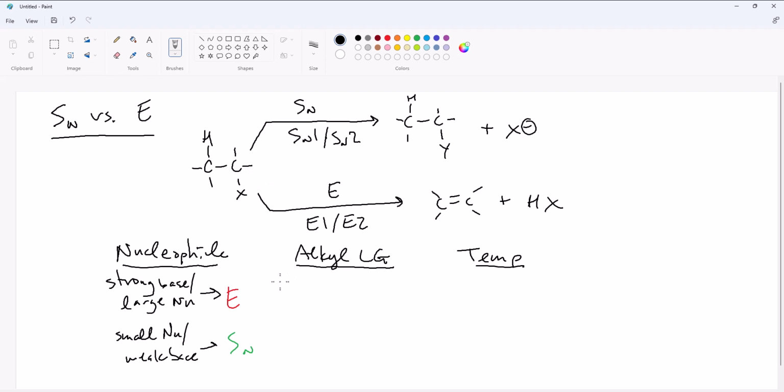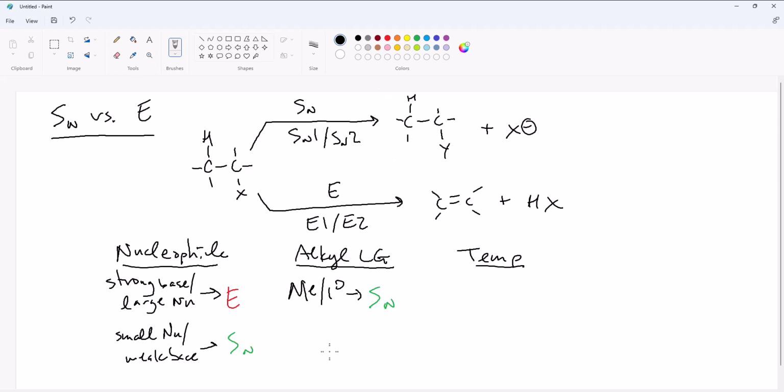If we have a small nucleophile, however, we can do the backside attack or the attack to do the substitution pathway. What we see is for the alkyl leaving group, so we're examining this portion here, the C-X bond. If we have a methyl or a primary alkyl leaving group, we're going to favor nucleophilic substitution.